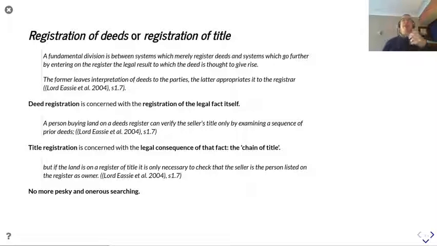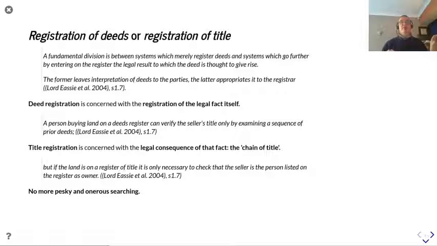So a fundamental division is between systems which merely register deeds and systems which go further by entering on the register the legal result to which the party is thought to give rise. The former leaves interpretation of deeds to the parties, the latter appropriates it to the registrar. So deed registration is concerned with the registration of a legal fact itself, i.e. the legal instrument.